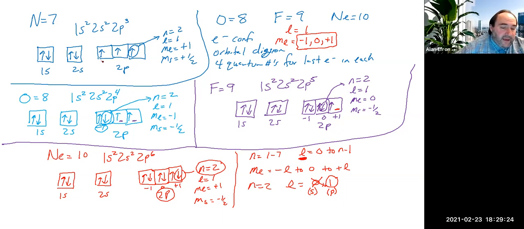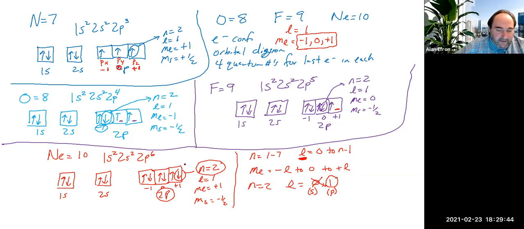There's a px orbital, the p orbital on the x axis, a py orbital and a pz orbital, and those numbers correspond to each of those. So -1 would be the px, 0 would be the py, and +1 would be the pz orbital.